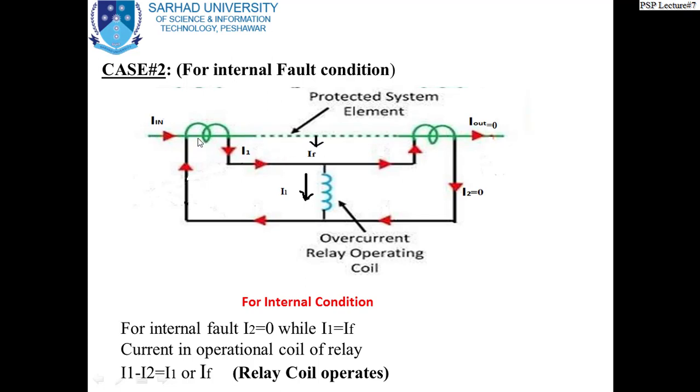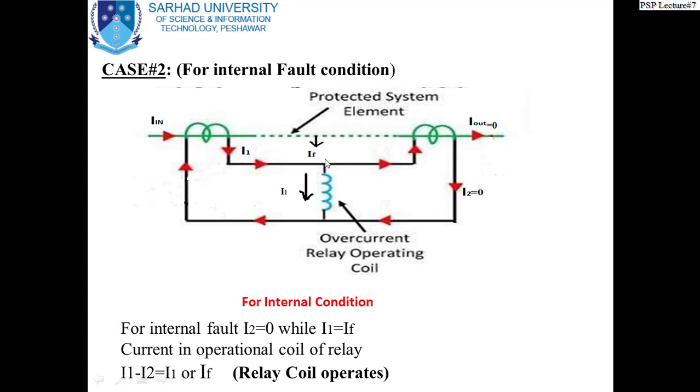That is, I in is equal to IF. I have shown the direction of current, but the magnitude is zero. The magnitude of the current going out of this CT is equal to zero, so I2, I out, is equal to zero.